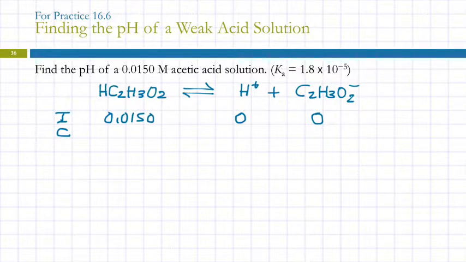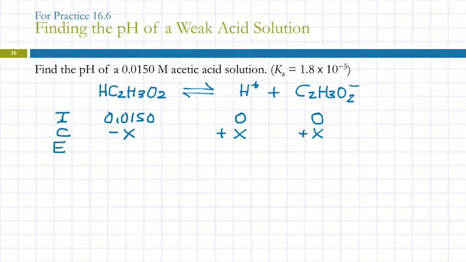So equilibrium happens. How do these things change? Well, it must go to the right because there's nothing over there. So we're going to lose acetic acid, and we'll lose X of that. And then we're going to gain X for the hydrogen ion and for the acetate ion.